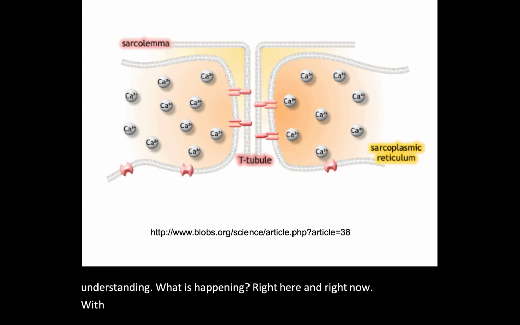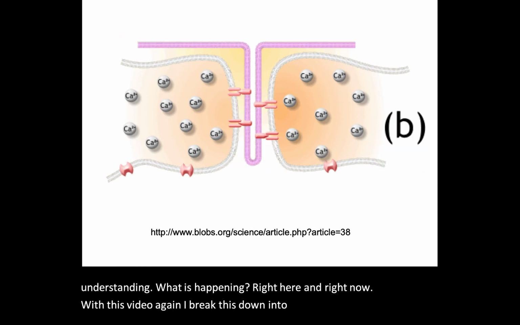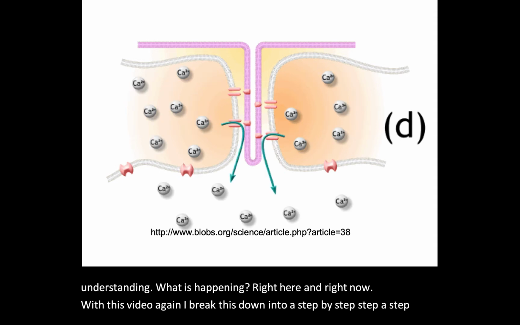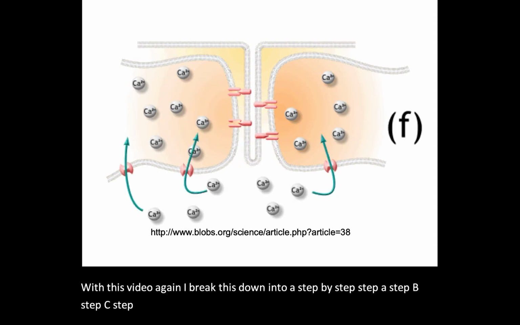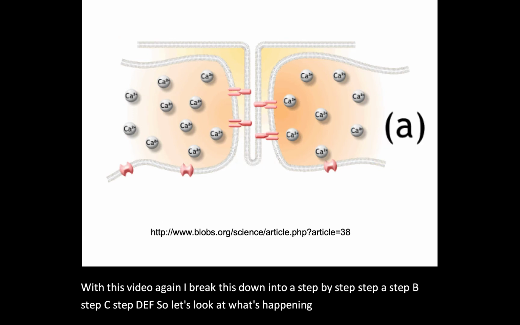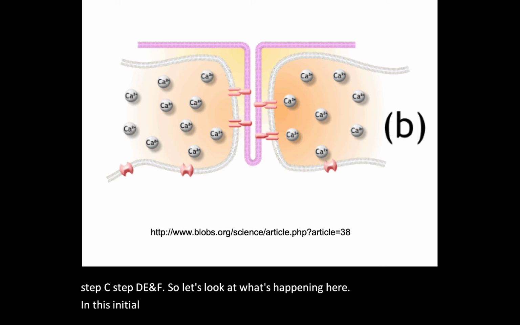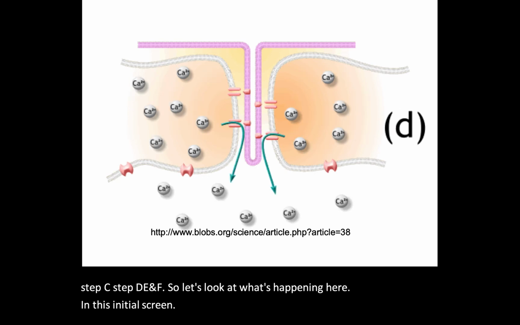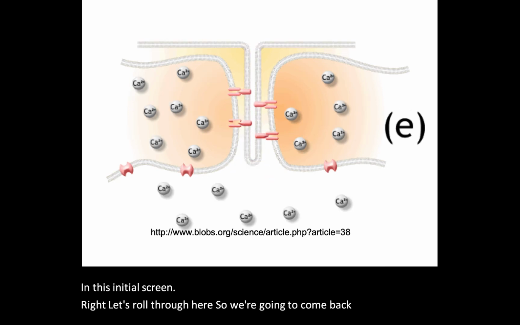And again, I break this down step by step: Step A, Step B, Step C, Step D, E, and F. So let's look at what's happening here. In this initial screen, we're going to come back to E, then F.